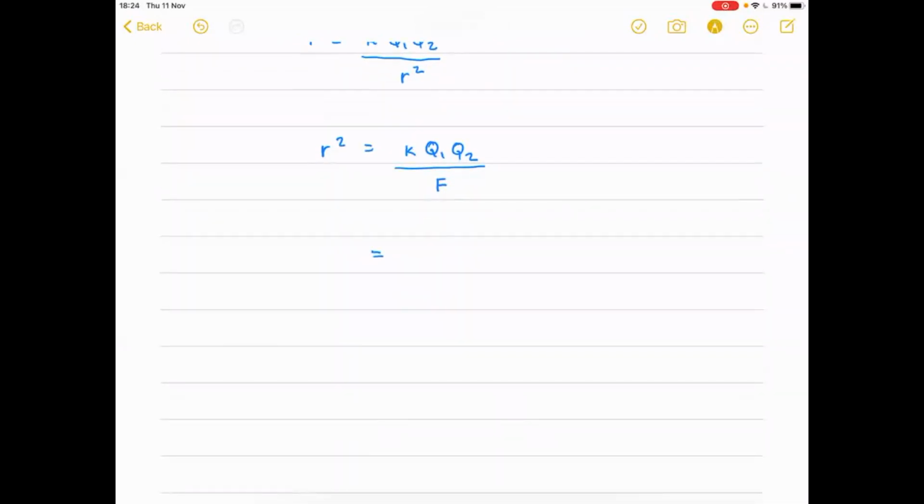Okay, so K is 9 times 10 to the 9, 6 times 10 to the minus 9, 5 times 10 to the minus 9, divided by 1.2 times 10 to the minus 3.